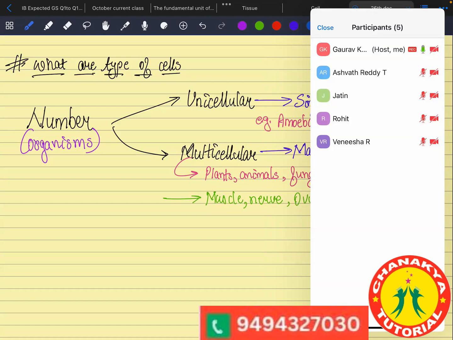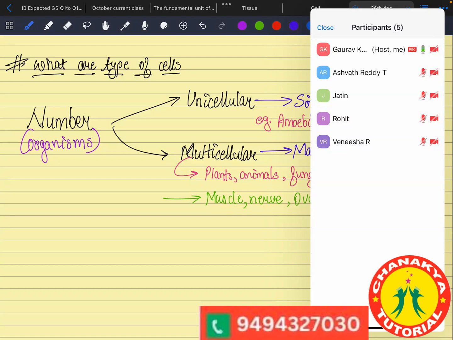You have to do all of these things by yourself. So which kind of organism will you be? Any guess? I'm just taking it as an example.